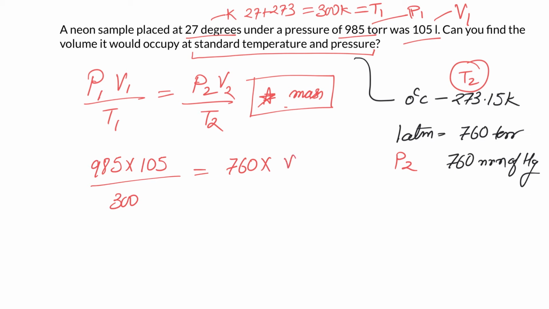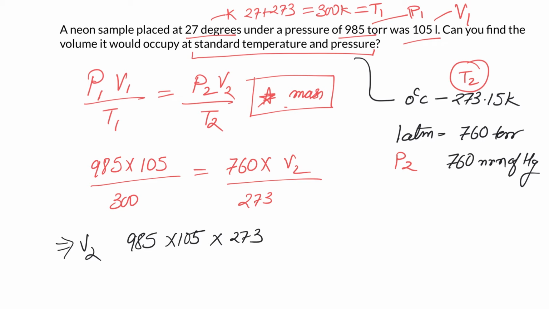That is the question, V2, divided by T2, which is 273. You can simply round it off to 273, as 273.15 is just too accurate. So let's find V2. We have 985 into 105 into 273 upon 300 into 760. That's our V2.